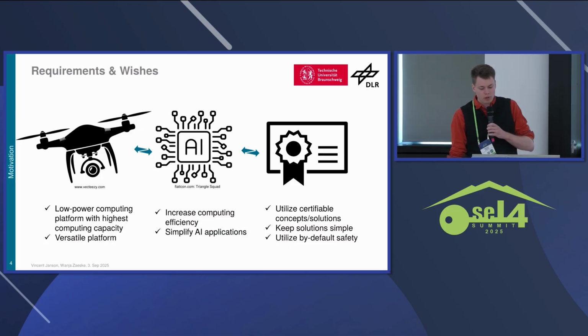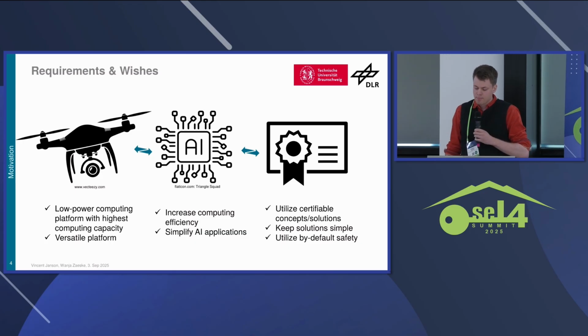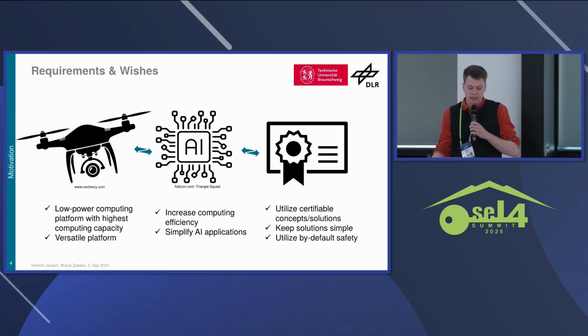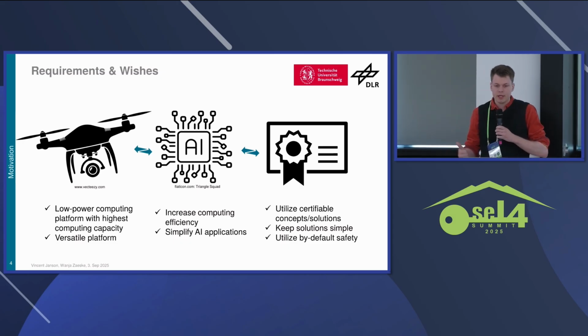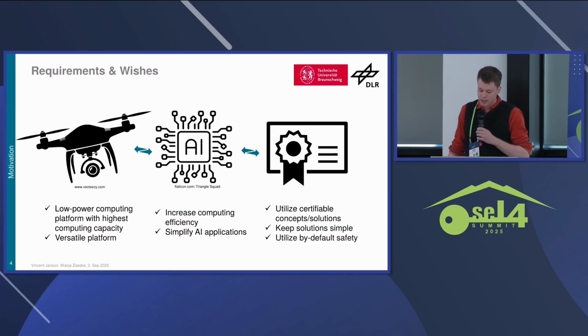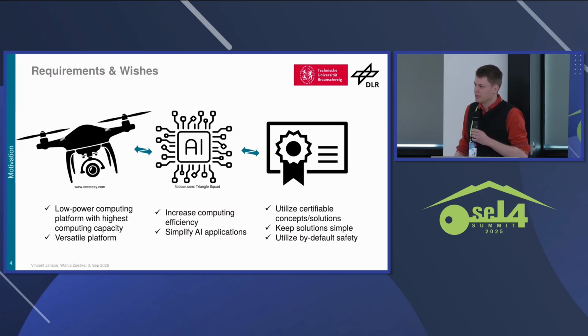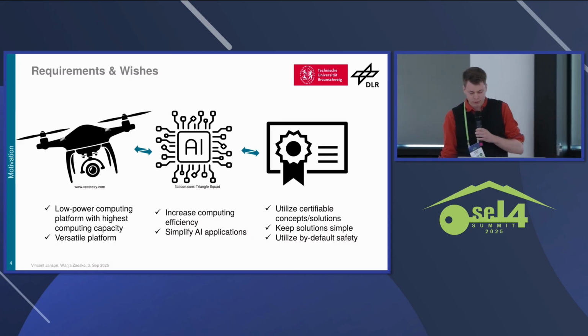When we think a bit more about the requirements that this kind of use case brings with it, basically we have three things that we want to tackle at the same time. The first thing is these platforms are small, and so we cannot put a data center into them. So our computing environment probably is going to be something embedded, something with a power constraint, with a heat constraint, so we have to be careful how much resources we require.